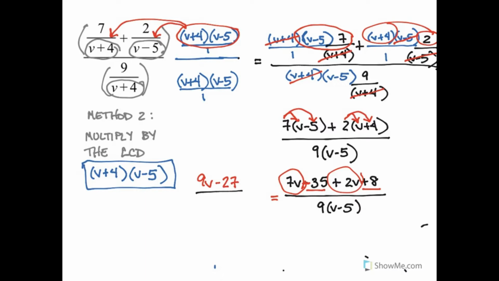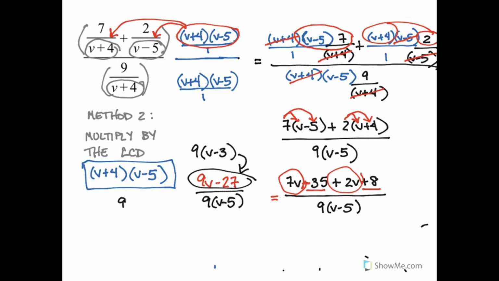And that's over 9 times v minus 5. Well, we can factor a 9 out of that numerator. 9 times v minus 3 is the same as 9v minus 27.